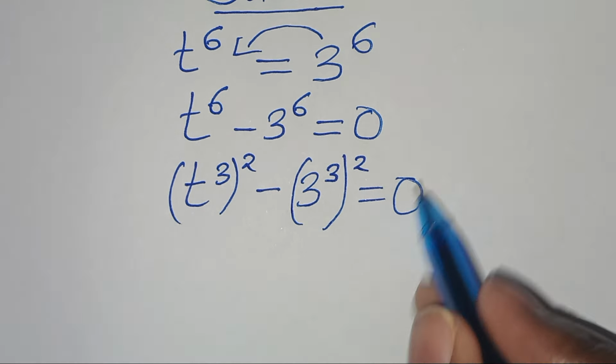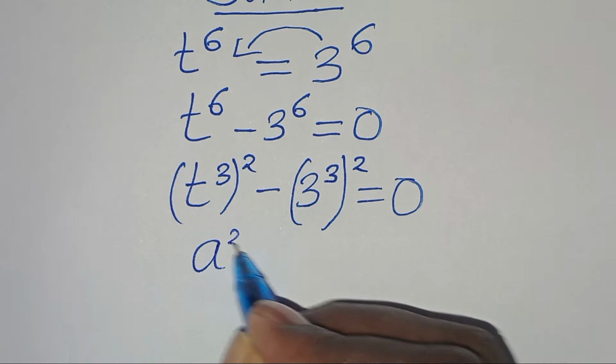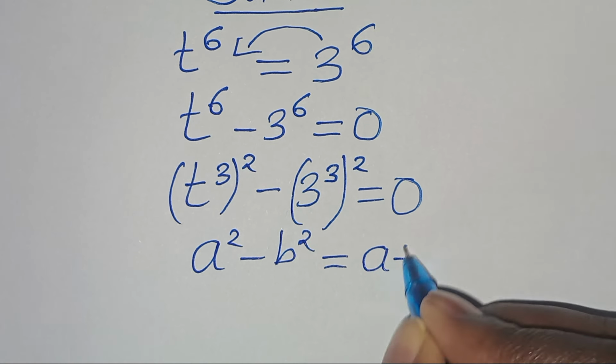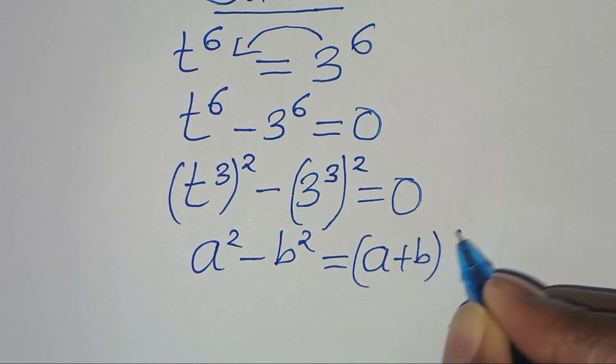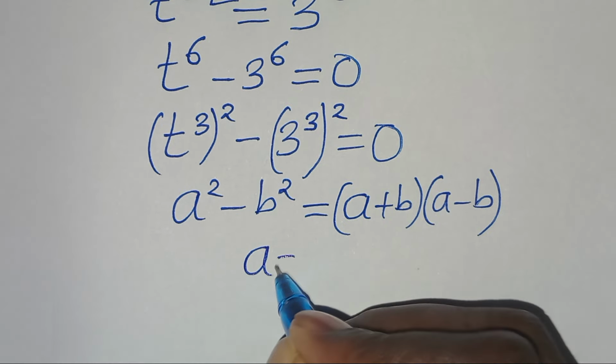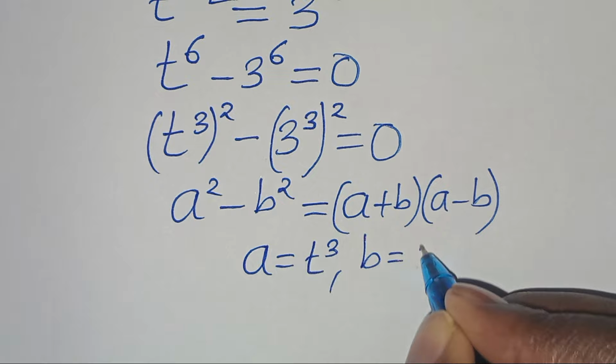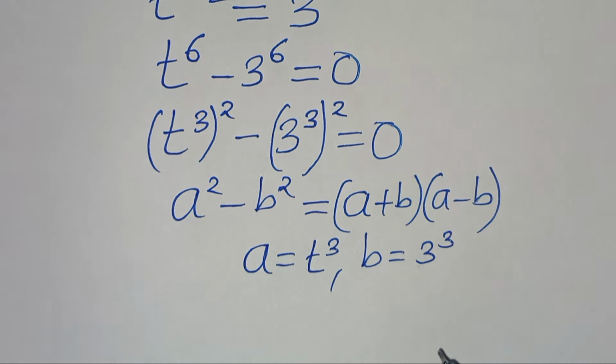Now this equation here is of the form a squared minus b squared, which we can express as a plus b multiplied by a minus b. So in our equation here, we have that a is equal to t to the power of 3 and b is equal to 3 to the power of 3.